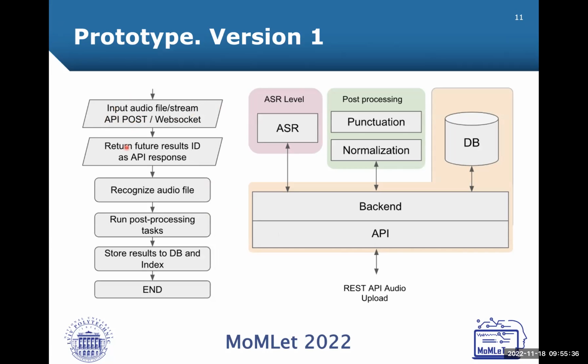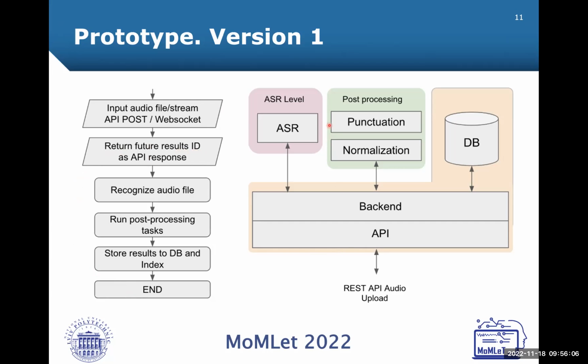Then we queue this and start to recognize the audio stream, then post-processing tasks like punctuation, diarization, normalization, and storing the result into the DB, and that's it. After this is finished, the customer can request a GET by result ID to get all text results.